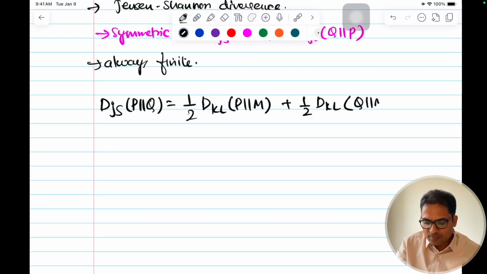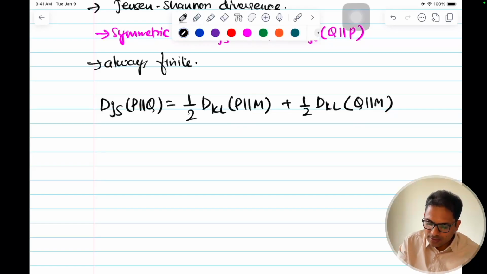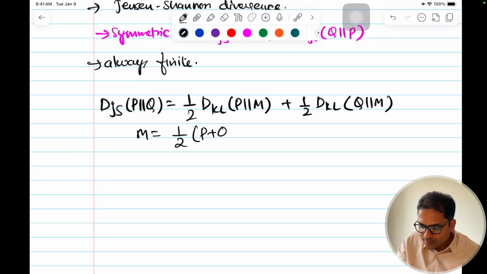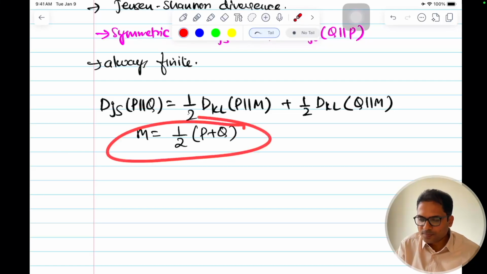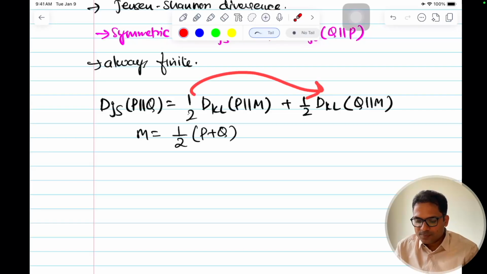This is the average of the KL divergence of two distributions with respect to a mixture. And how do we define this mixture? This mixture M is half of P plus Q. This is the midway.